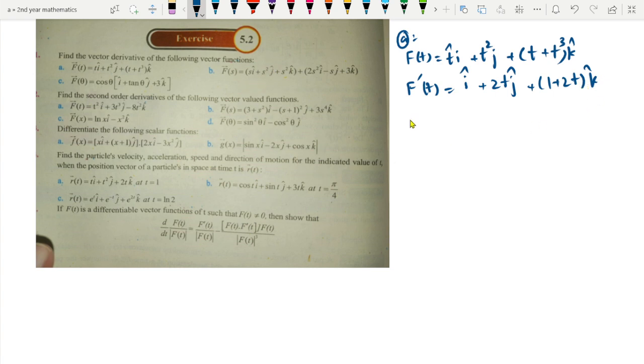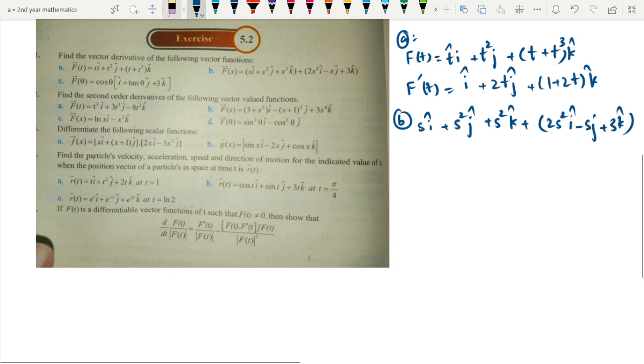The second part of this one is part B: s i plus s square j plus s square k, plus 2s square i minus s j plus 3k. First of all, we have to add these two.